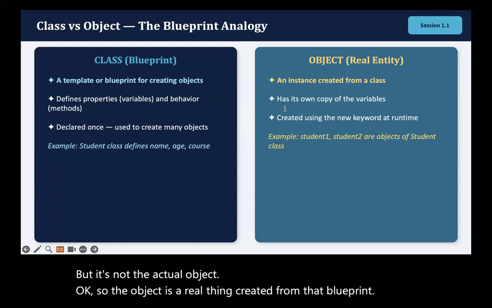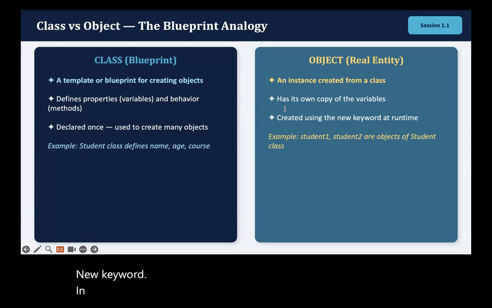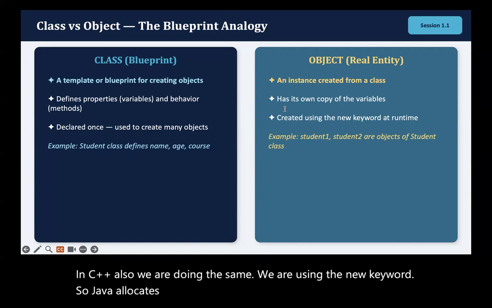When we create an object, we use the new keyword. In C++ also we are doing the same. We are using the new keyword. So Java allocates memory and creates the actual instance.